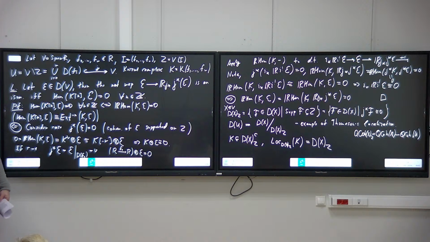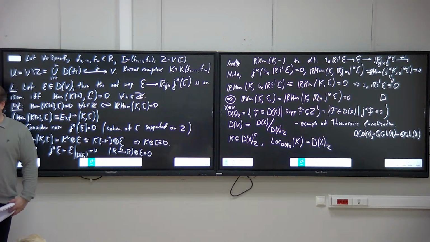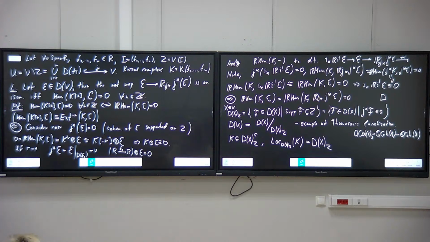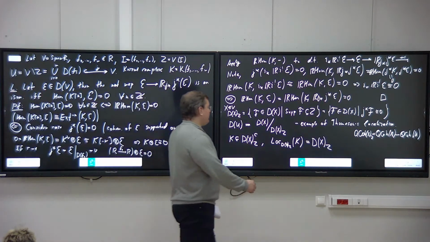Yes, so D_X of Z is compactly generated by K. And then by the Thomason localization, which is a special case of the theorem, if you take the compact generators and take the localizing closure, you get the whole category.